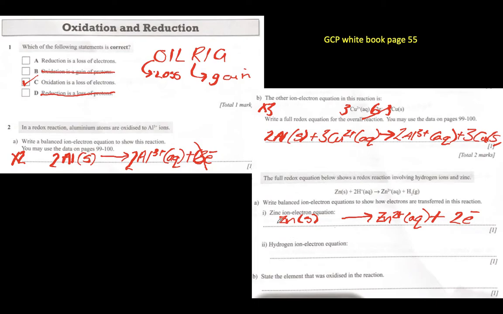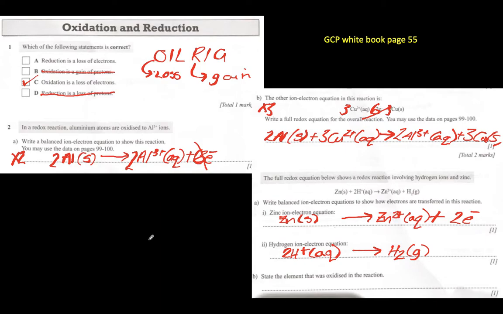For a hydrogen ion-electron equation, we start with 2H plus ions and they become H2 gas.